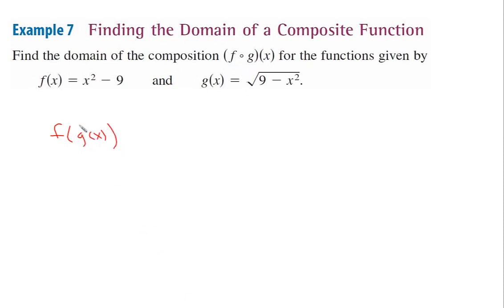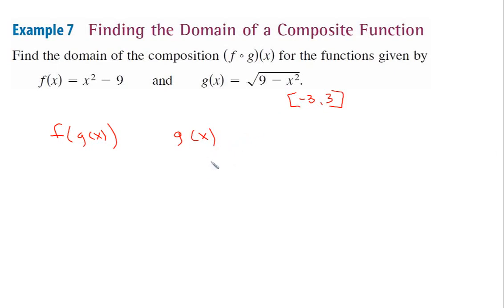So we need to find the domain of g of x first. What's the domain of g of x? We've done a problem like this before, it's going to be negative 3 to 3. The values are between negative 3 and 3, inclusive of negative 3 and 3. So that's the domain for g of x.